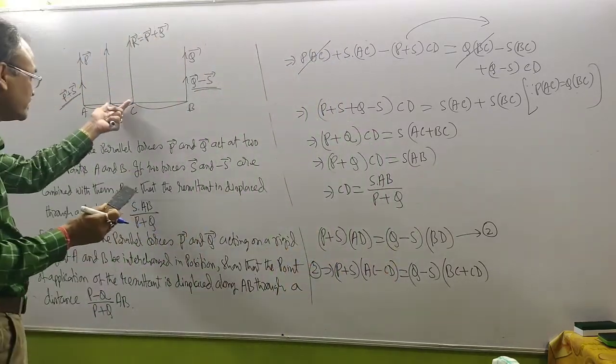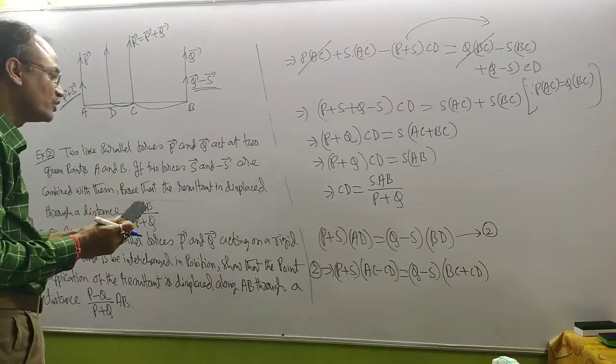Therefore, the distance between C and D means the resultant is displaced through a distance.